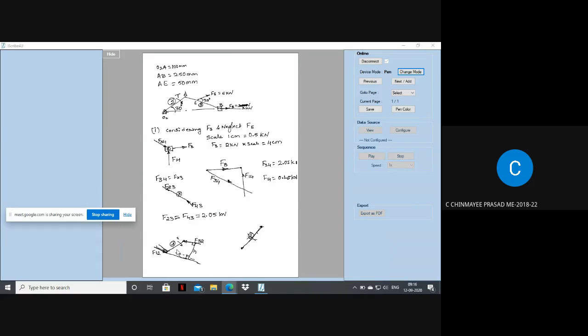F12 is parallel to what, sir? Sorry, F12. What is it parallel to? Parallel to F32. Okay.